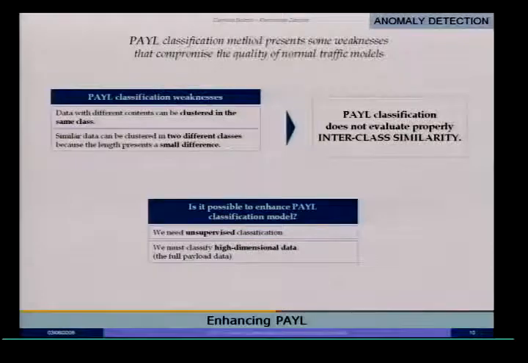And another bigger problem of PAYL is about the misclassification of the models, because the payload length parameter is not suitable for classifying models.